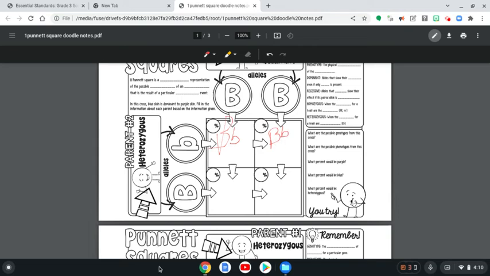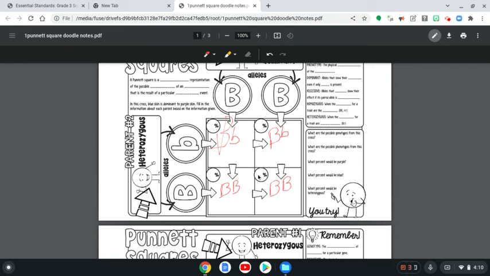Here we have dominant and dominant. Dominant B, dominant B. This square would be dominant B and dominant B. So our results are a wee bit different this time.